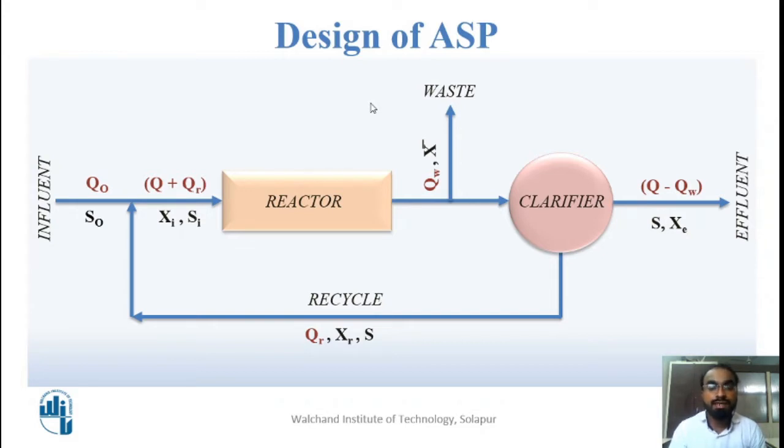That flow rate, as we already discussed, will be QR, but its MLSS concentration will be written as XR, and the soluble BOD it has will be taken as S. The same supernatant taken out from the clarifier has the flow rate of Q minus QW, that is the flow rate of influent minus the flow rate of sludge taken out from the reactor. It also has a soluble BOD, that is capital S, and the MLSS concentration will be written as Xe.